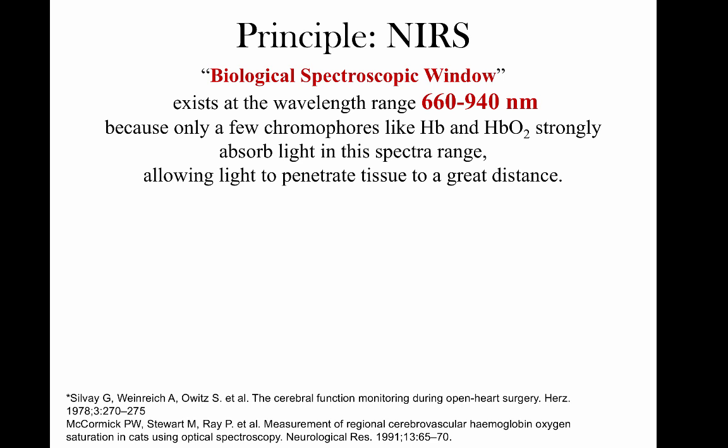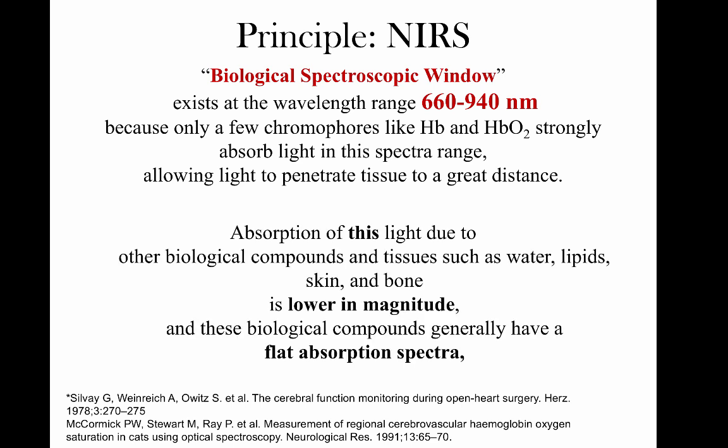So there are wavelengths, 660 and 940. And chromophores like hemoglobin and oxyhemoglobin strongly absorb light in this spectral range, allowing the light to penetrate tissue to a greater distance.